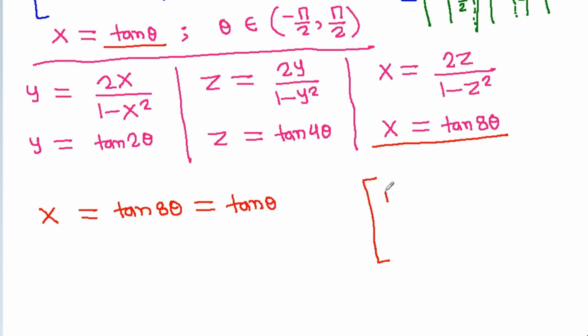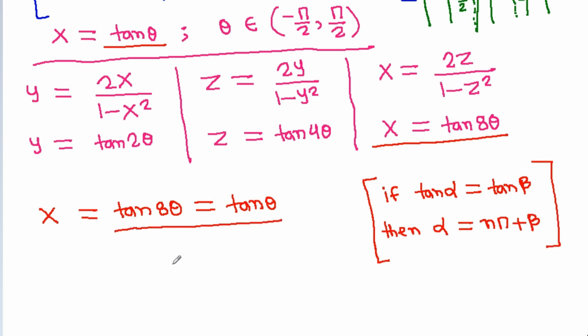And if tan alpha is equal to tan beta, then alpha is equal to n pi plus beta.